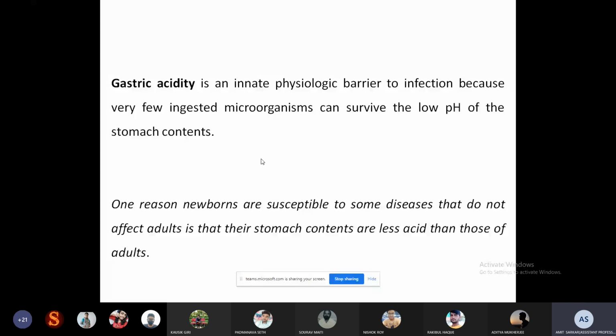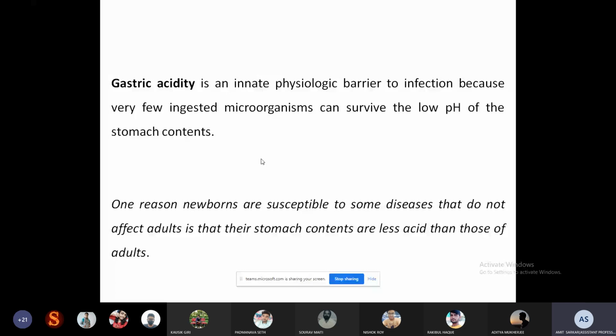But our stomach is full of gastric juices that help us in digesting food. Now, microorganisms cannot survive at that low pH. So gastric acidity is also an innate physiologic barrier to infection, because very few ingested microorganisms can survive the low pH of the stomach contents.